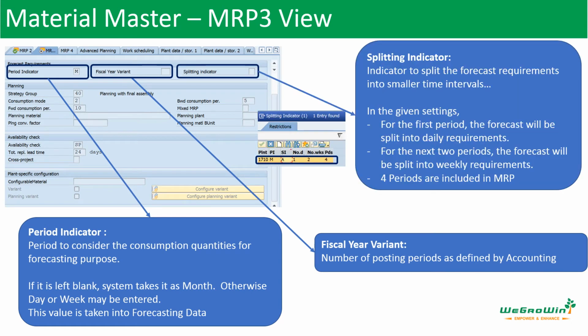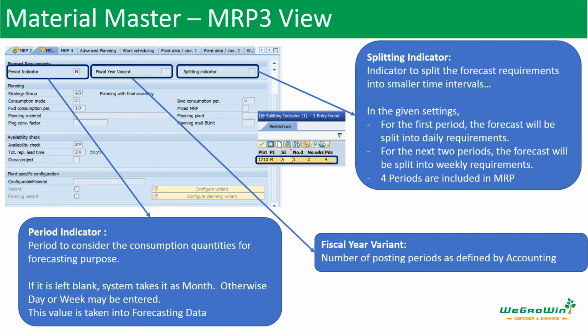And then we have the splitting indicator. This indicator is to split the forecast requirements into smaller intervals. Let's look at the example given here. For the first period, the forecast will be split into daily requirements, that is, the number of days is 1. And for the next 2 periods, the requirements will be split into weeks.